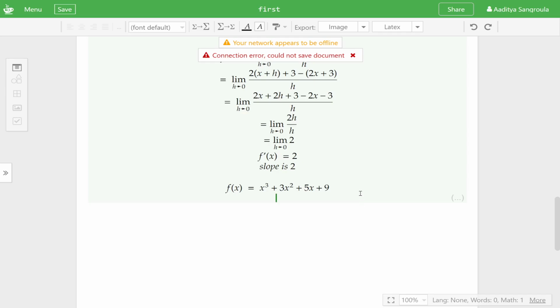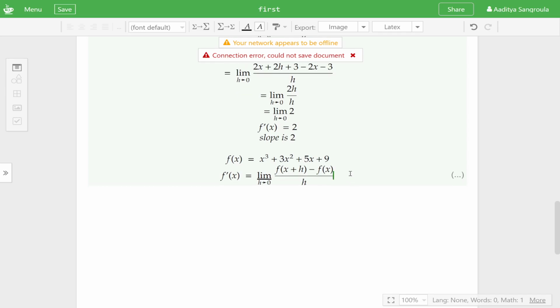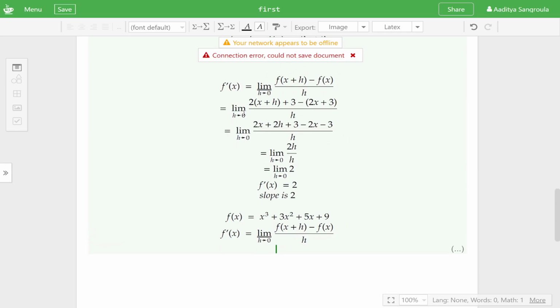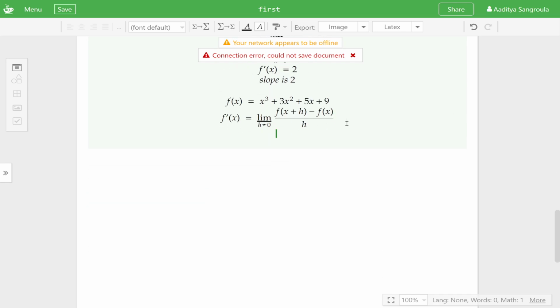We write the limit definition of derivatives, f prime at x, and let me just copy this, because this is going to be used a lot. So this is equal to f of x plus h.